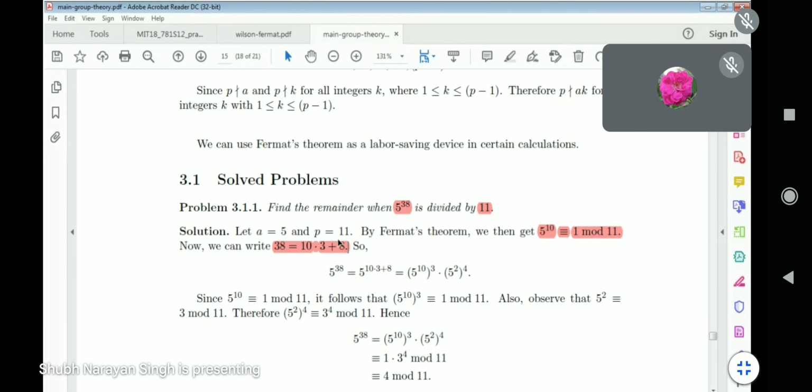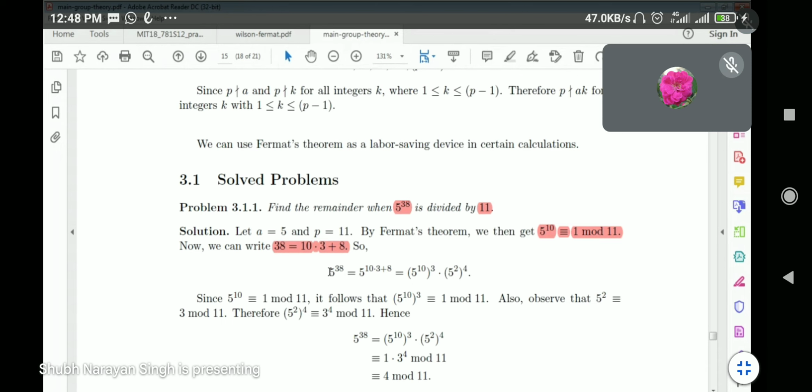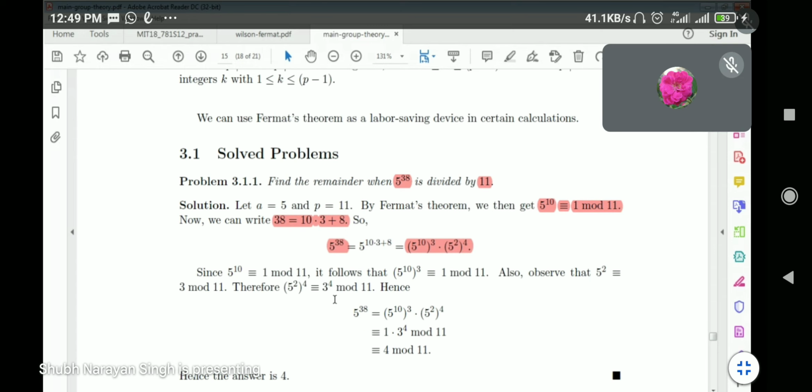And then 5^38 we simplify, and it can look like this one. Now see, we have seen that 5^10 is congruent to 1 modulo 11.